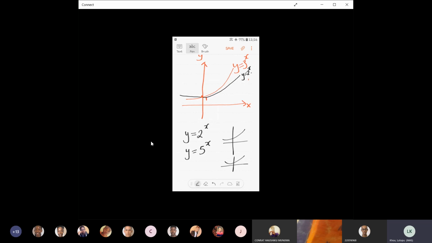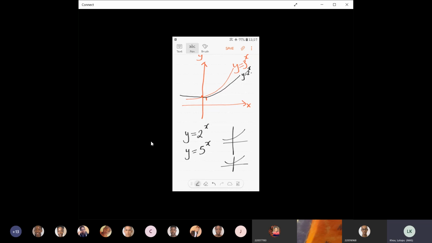So that's what it will look like. Again, in the first quadrant, I had to say which base is bigger, 2 or 3. 3 is bigger, so 3 must be closer to the y-axis compared to 2 to the power of x. Then in the second quadrant, the bigger one must be closer to the x-axis. That's why the one in red is below.